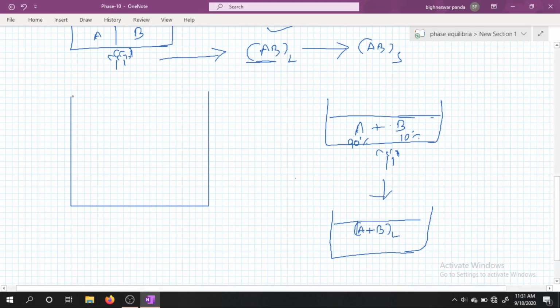So consider this graph. On the y-axis we are taking temperature, on the x-axis we are taking composition or percentage composition.